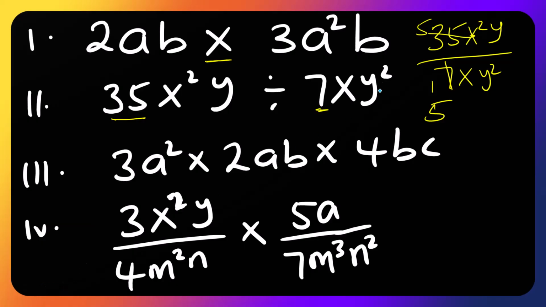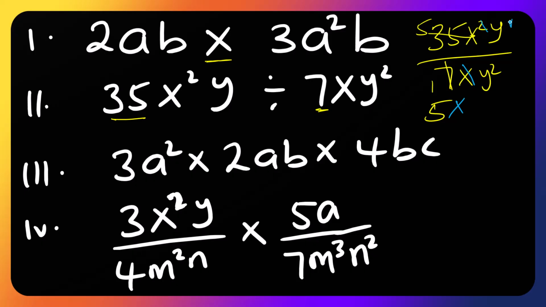Now let's look at the letters. We have x squared against x, so this will leave us with x. And we have y on y squared.